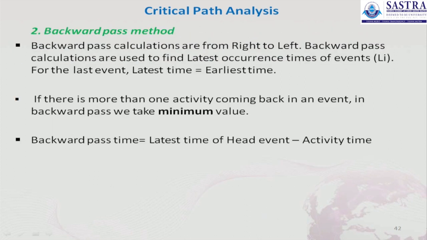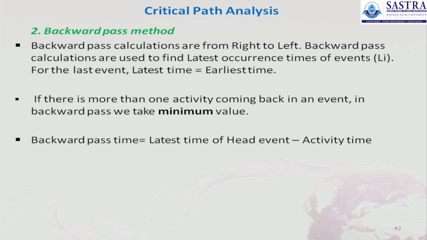And for the backward pass method, the calculations are from right to left. Backward pass calculations are used to find the latest occurrence times of events, that is Li. For the last event, the latest time is equal to the earliest time.